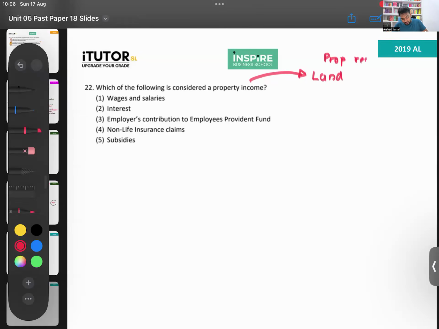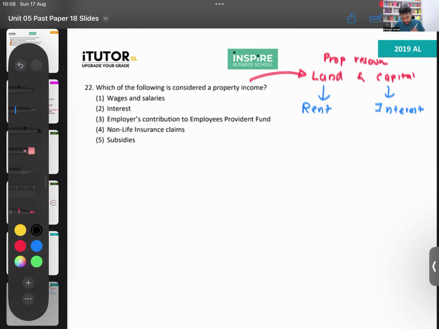What is the return that you get for land? The return you get for land is called rent. The return you get for capital is called interest. So if those 2 are the property resources, these 2 have to be your property incomes.